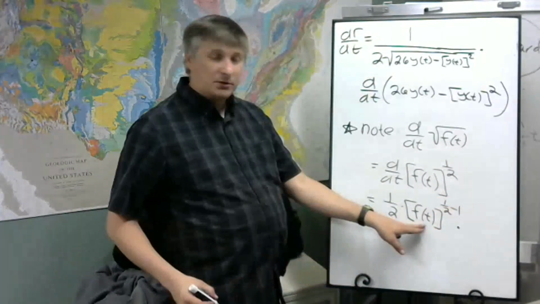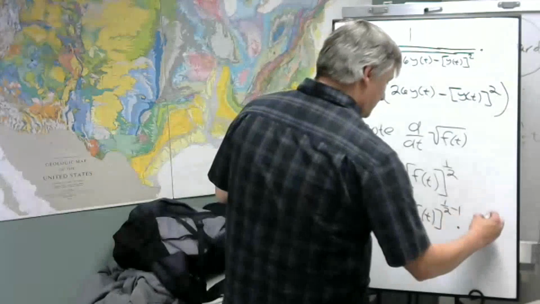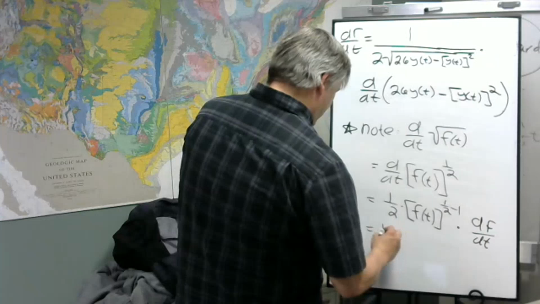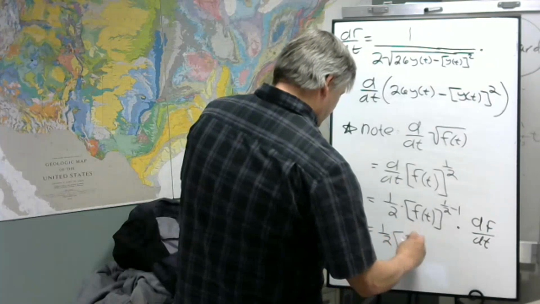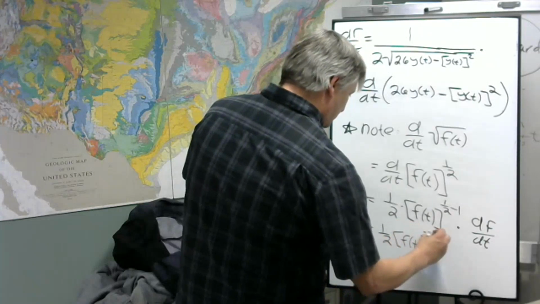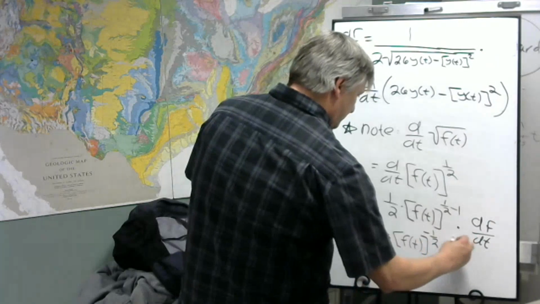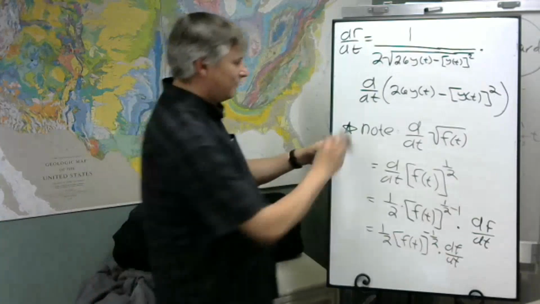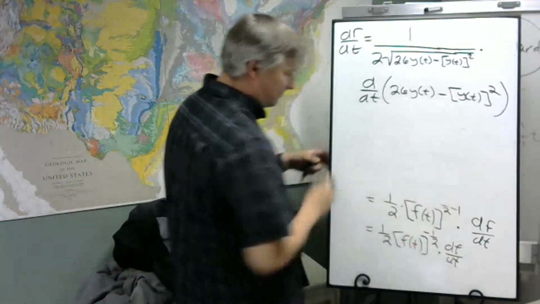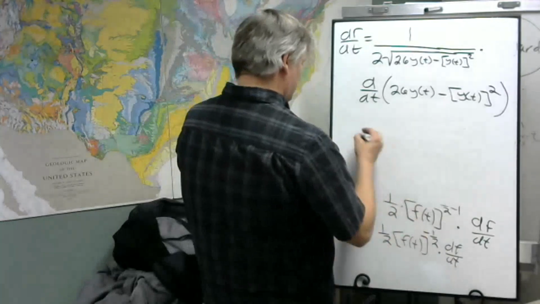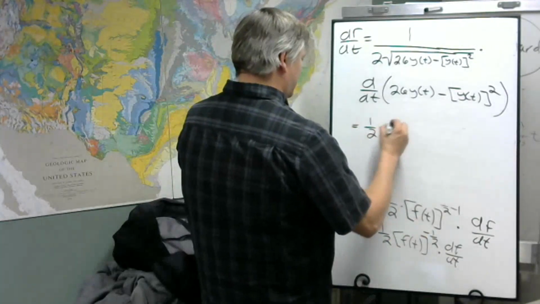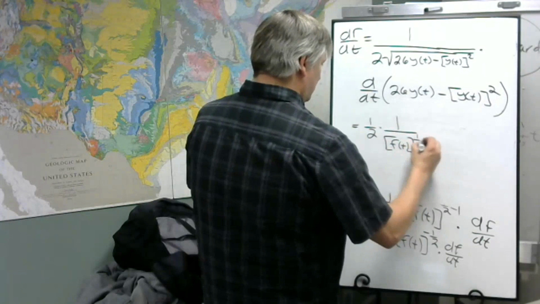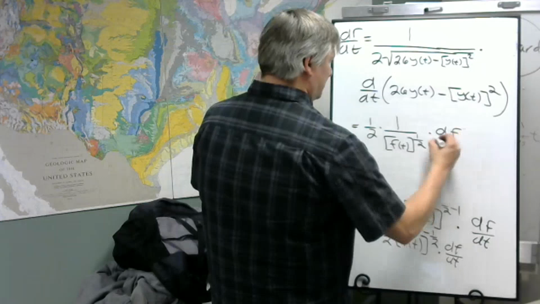And then by the chain rule, we multiply by the inner function, df/dt. So we get 1/2 f of t to the negative 1/2 times df/dt, or one half times 1 over f of t to the 1/2 times df/dt.